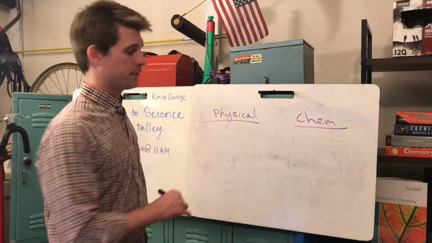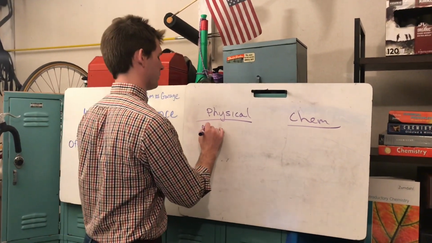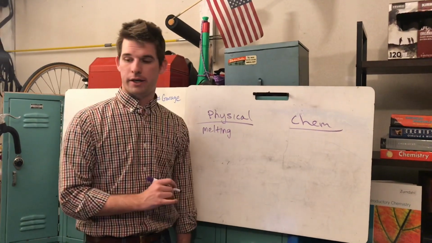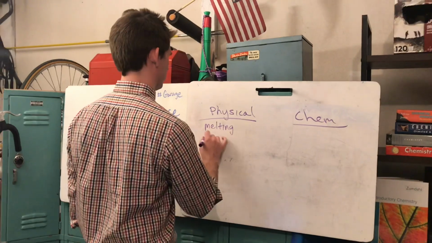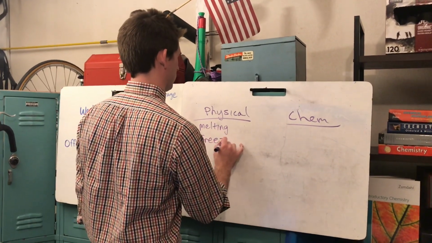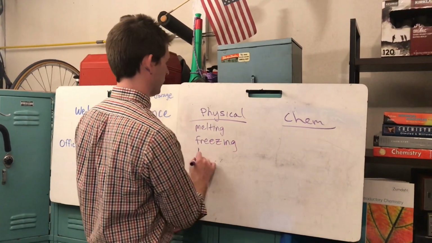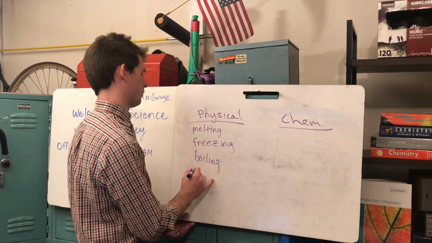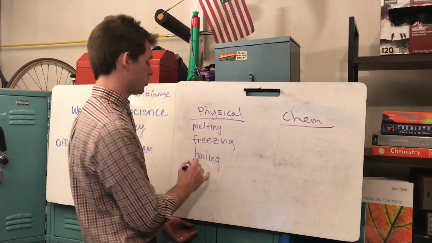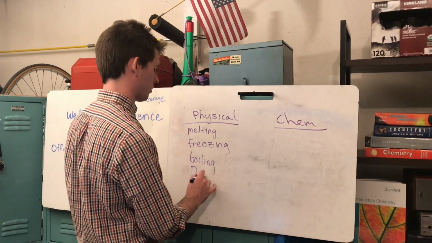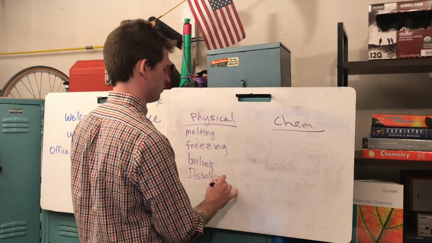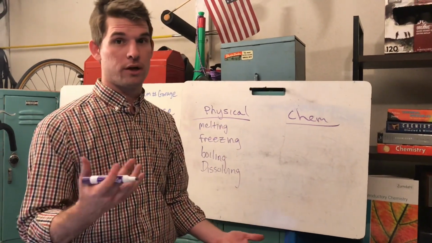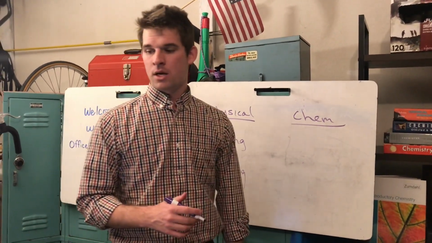I'm going to write, for physical change, melting, freezing, boiling. I know you only need 2, but boiling. What was the other one I wanted to write? It was dissolving. Like when you dissolve salt in water, it's still salt. Remember, we just boiled the water out and there's salt left. We did that in the lab.